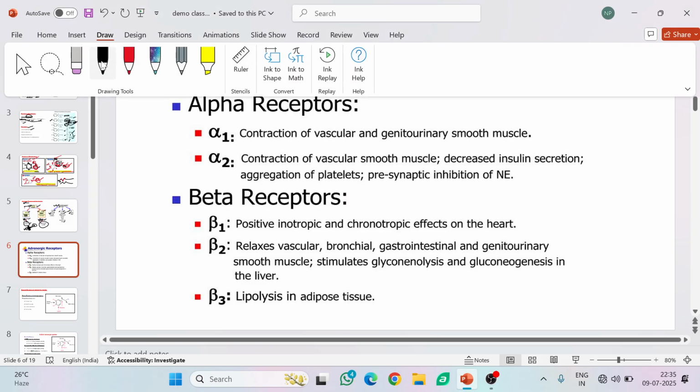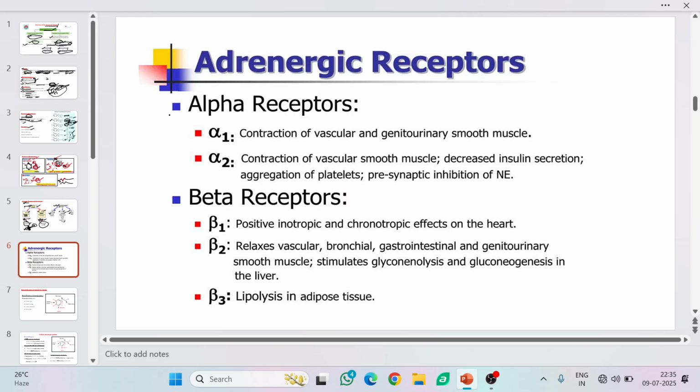Now we will understand the basic functions of these adrenergic receptors, what their functions are. Alpha receptor is of two types, alpha 1 and alpha 2. As I already told, alpha 1 is of GQ type. GQ means contraction, so contraction of vascular and genitourinary smooth muscle mainly.